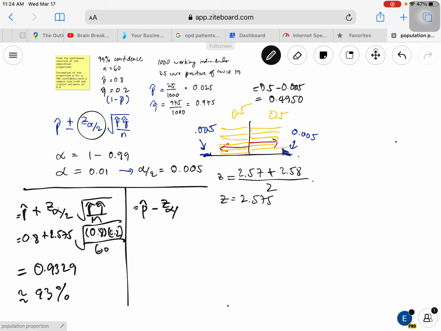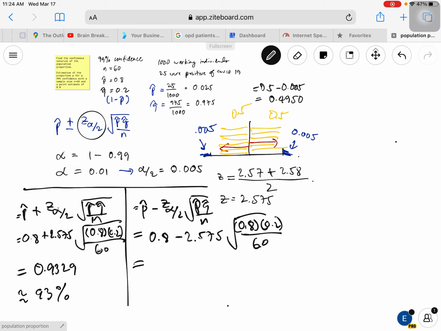Now let's look for the other value, which is p hat minus z sub alpha over 2 times the square root of p hat times q hat all over n. Substituting the values, we have 0.8 minus 2.575 times the square root of 0.8 times 0.2 all over 60.